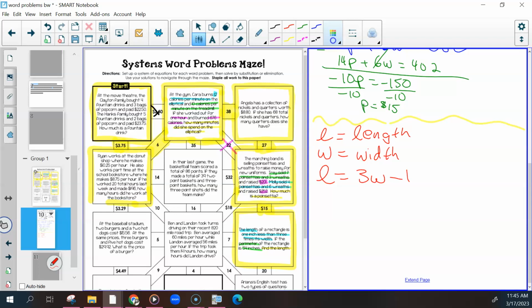Then we have to remember our perimeter. So we know the perimeter is equal to 54. But we also have to remember that in order to find our perimeter, we're adding up all the sides, or that's the equivalent of 2L plus 2W.